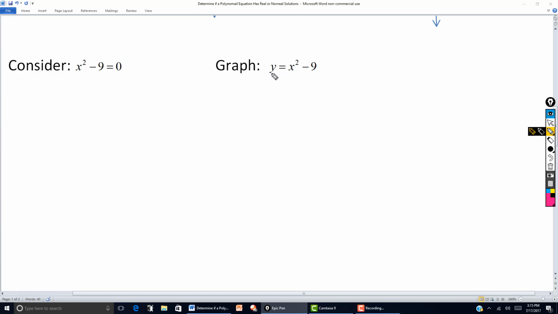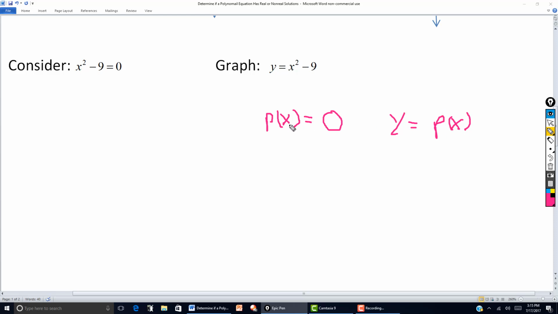In other words, if you want to solve p of x equals 0, then graph y equals p of x, and whatever zeros you have for this graph are going to be the solutions to this equation.